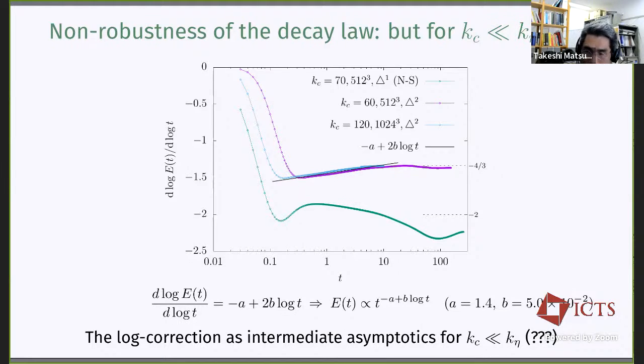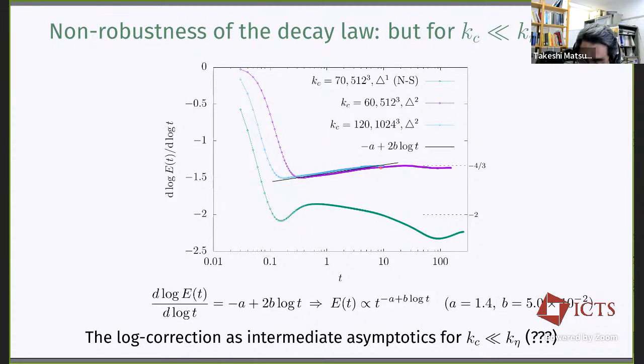Of course, this dissipation wave number depends on time, but during the time when Kc is much smaller than the dissipation wave number, to experiment with this situation, I increase the resolution and I increase the Kc. For the hyperviscous case, I doubled the Kc, and it seems that for this condition, the logarithmic local slope of the total energy approaches a constant from below.